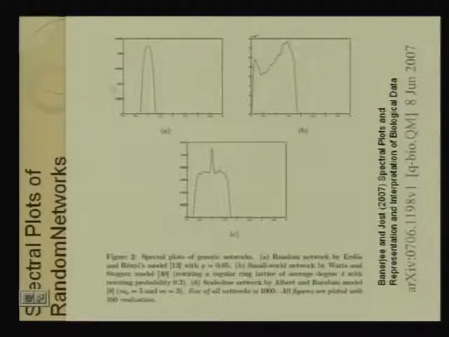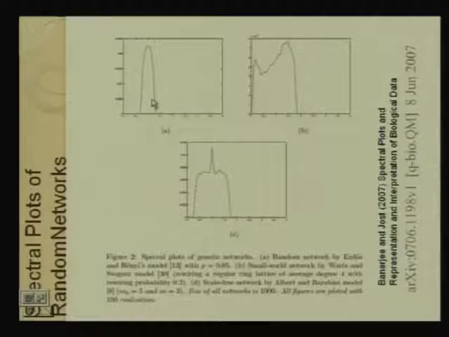In the case of the graph Laplacian, the eigenvalues always lie between 0 and 2. You can prove it actually. So, the spectrum always lies between 0 and 2, but forget about it, just concentrate on the shape.